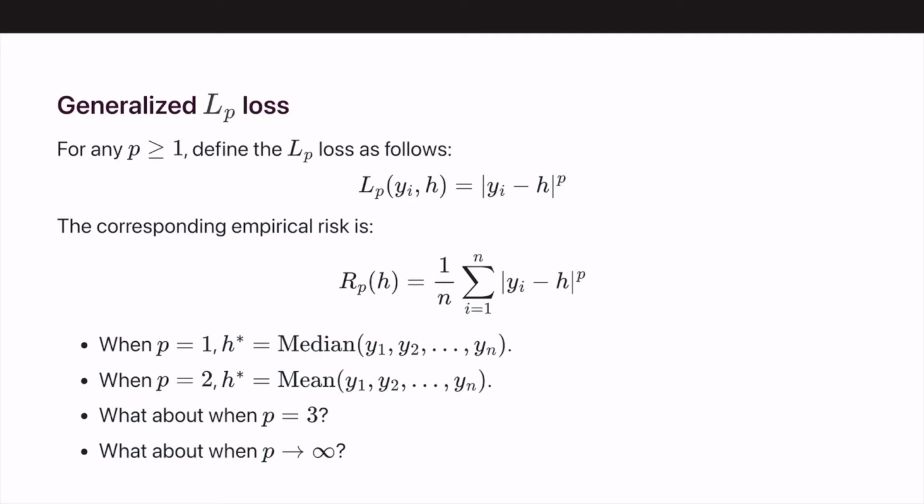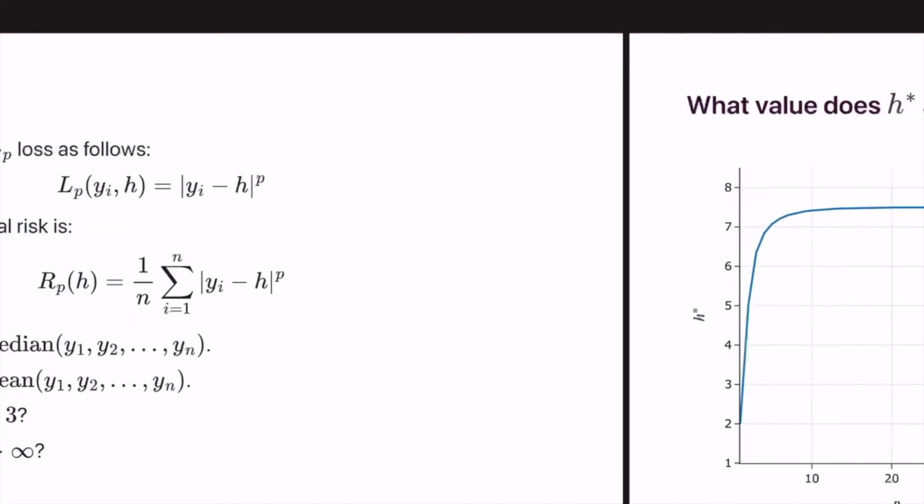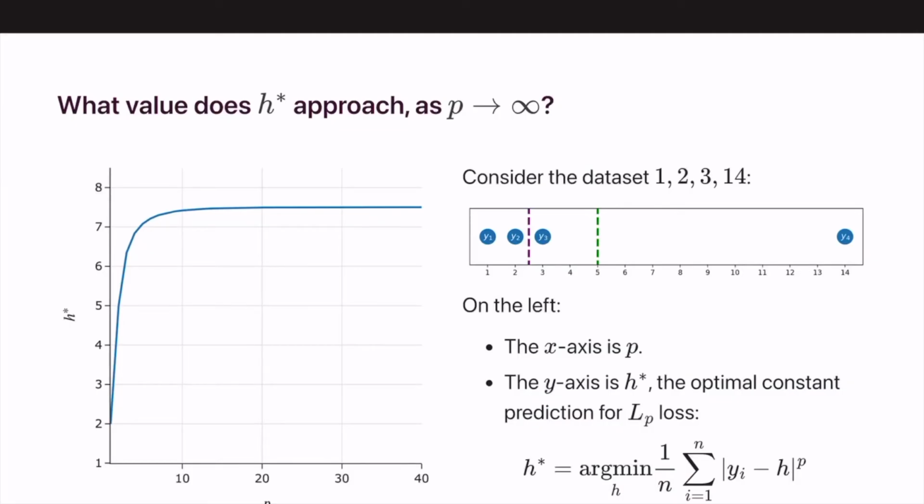Then we start trying to play with this idea of what p could be. When p is 1, we get the median, that's mean absolute error. When p is 2, we get the mean, that's mean squared error. And we can start to plug in more and more p's and see what happens for a given data set. So that's what's happening here.